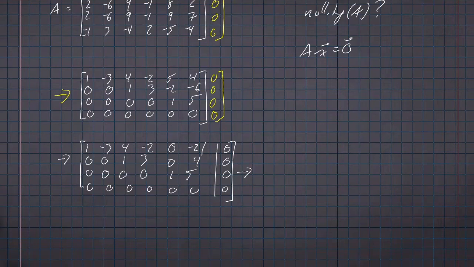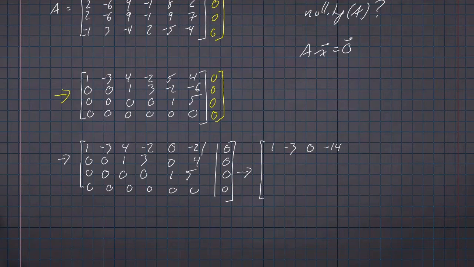All right, then one more step. Let's take row 1 minus 4 times row 2. So the 1, the negative 3 stays the same. 4 minus 4 times 1 is 0. Negative 2 minus 4 times 3 is negative 2 minus 12, which is negative 14. 0 minus 0 is 0.